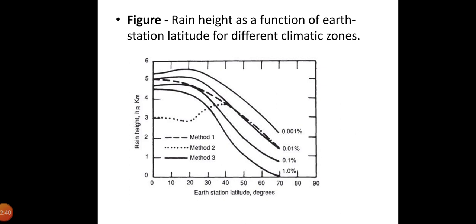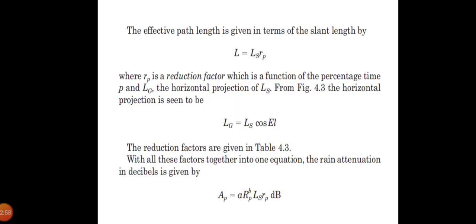For small angles of elevation, that is EL less than 10 degrees, the determination of LS is complicated by earth curvature. However, if you take values of EL greater than 10 degrees, a flat earth approximation can be used, and LS = (HR − H0) / sin EL.